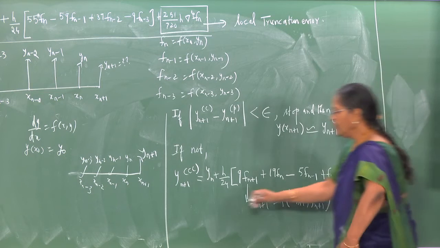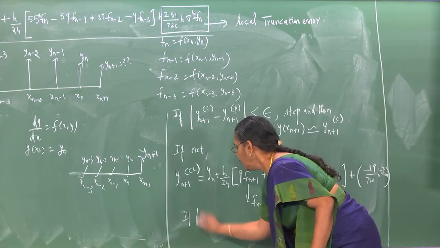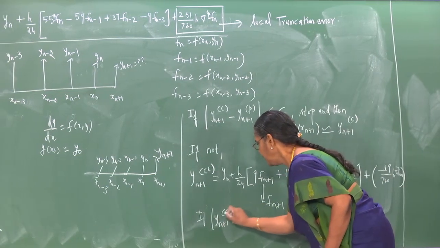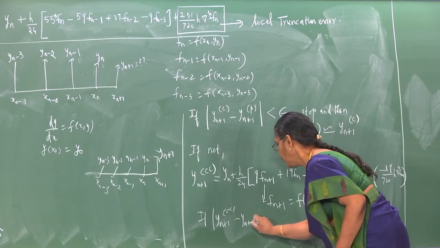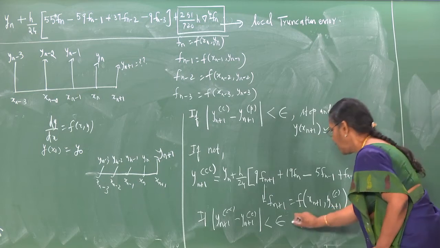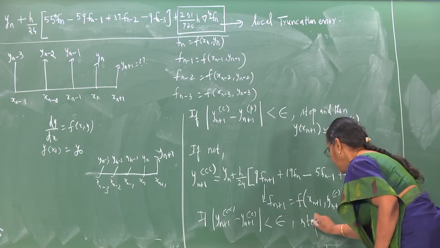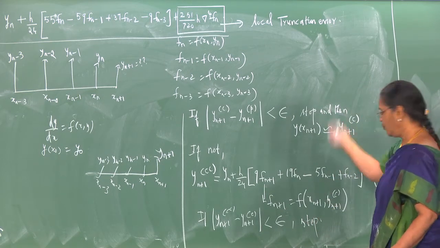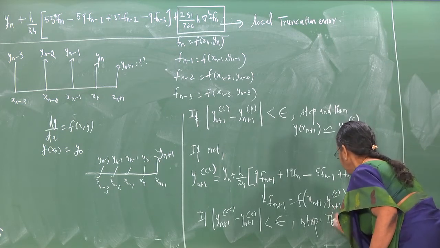What do you do now? You check whether yn plus 1 double corrected value minus yn plus 1 first corrected value is less than epsilon. If so, stop. If not, continue this process.